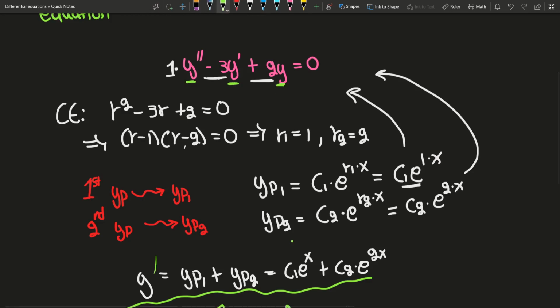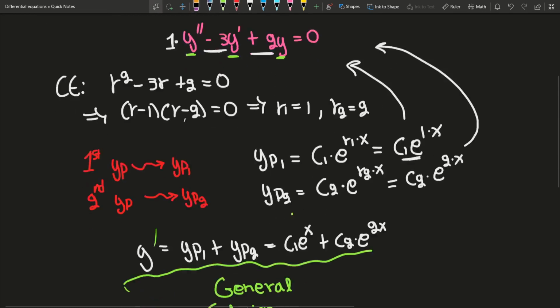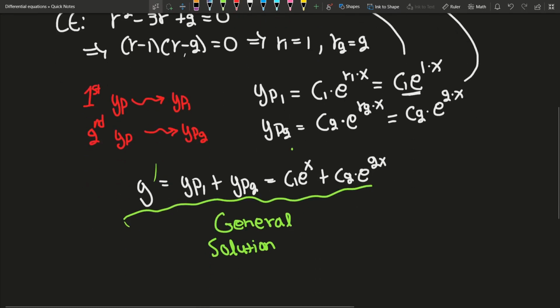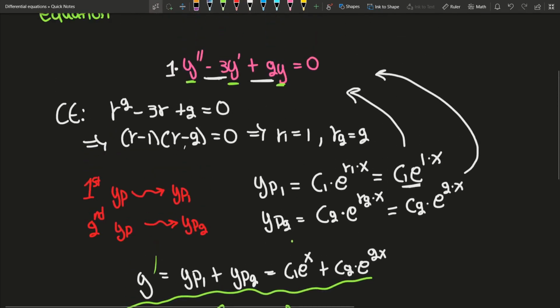You've got to, of course, first find y prime, and then you're going to find y double prime, and then you're going to go ahead and substitute here, and you will find that this is indeed equal to 0.